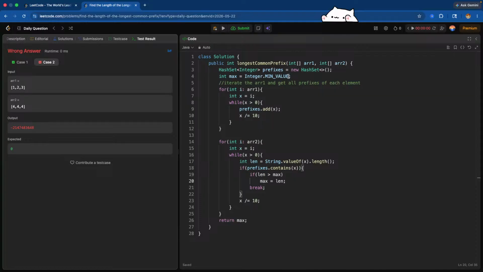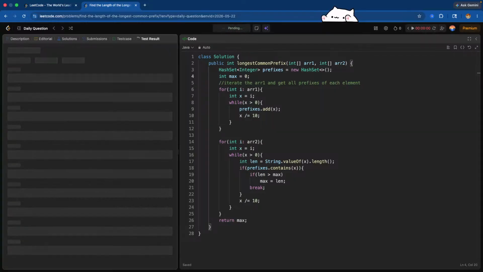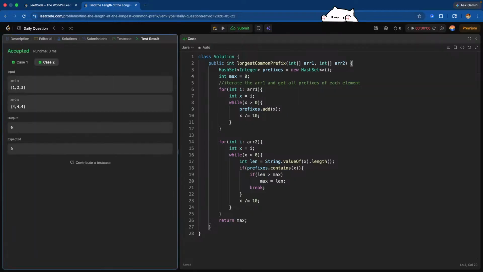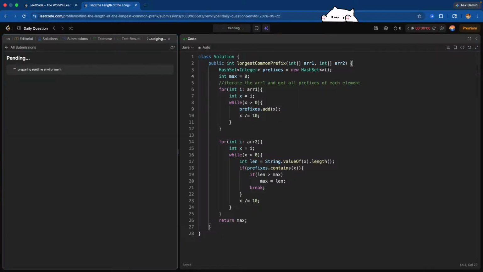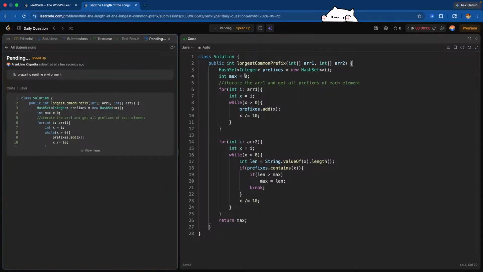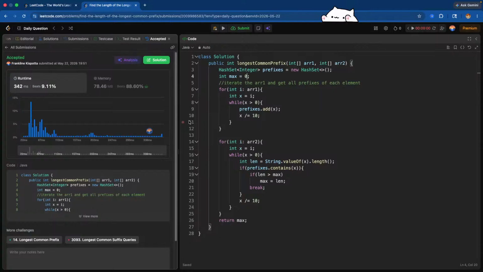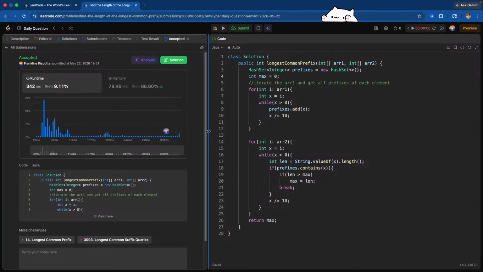Okay, the max is 0. Damn. What was the other approach? Math.log x plus 1.